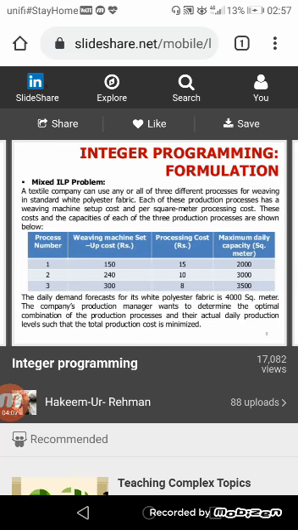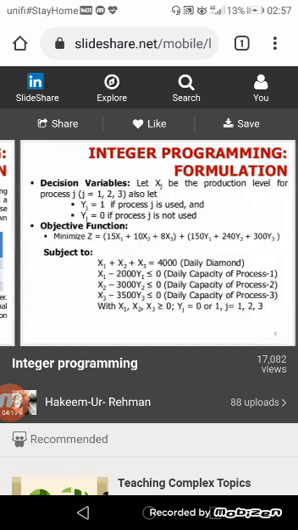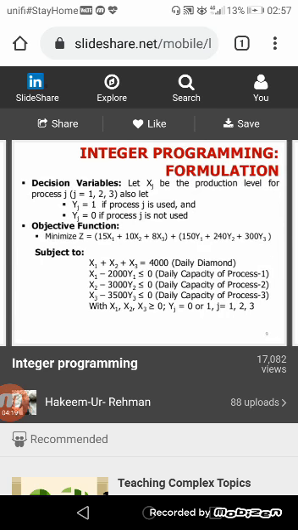Now, this is another example, for the mixed integer linear programming problem. They give you the problem and all the information. You can refer to the table, and this is the mathematical modeling. And as you can see, in the final constraint, it says that x1, x2, x3 must be greater than or equal to 0, and the y variable must be either 0 or 1.